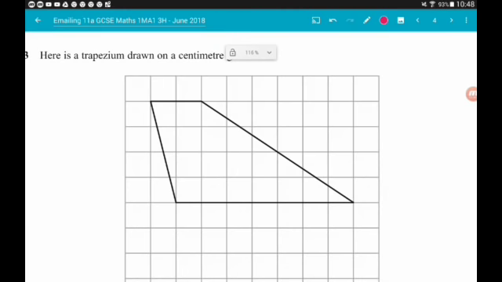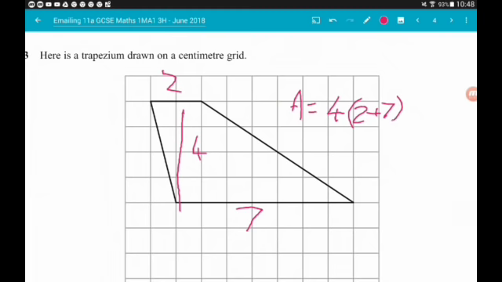So the top is 2 and the bottom is 7 and the height is 4. So the area is 4 lots of 2 plus 7 all over 2.